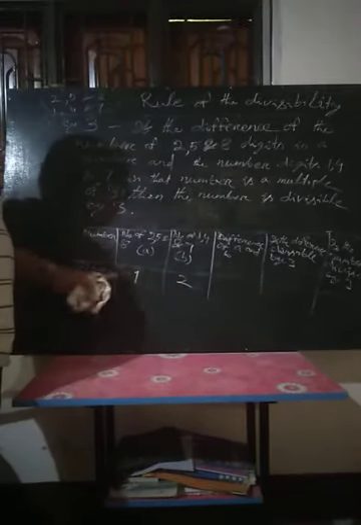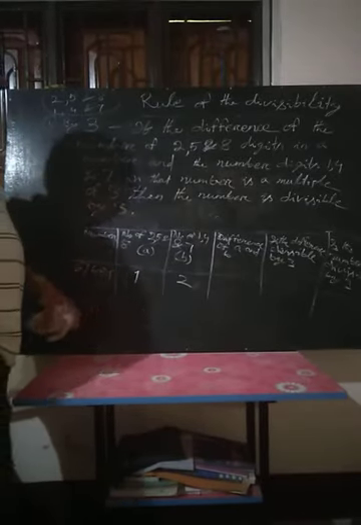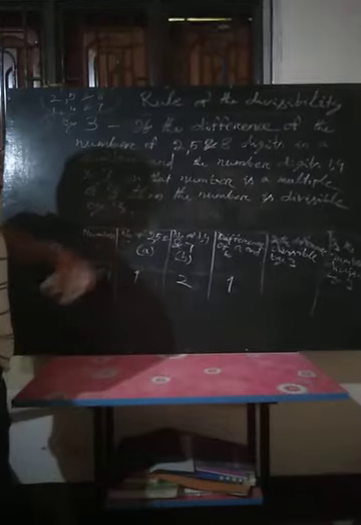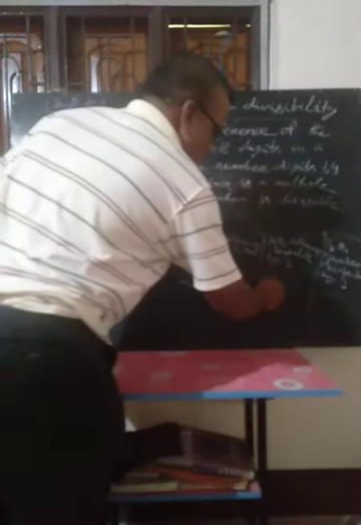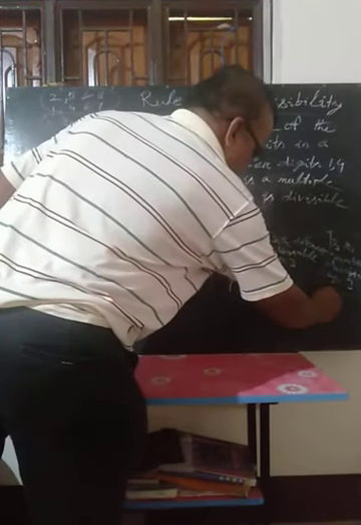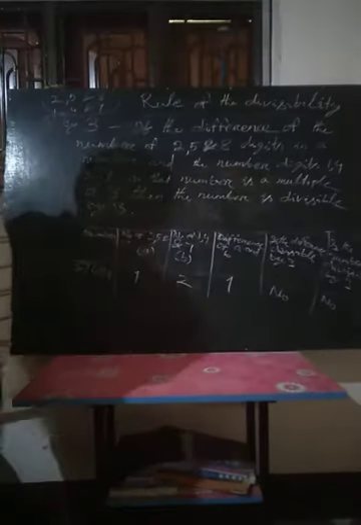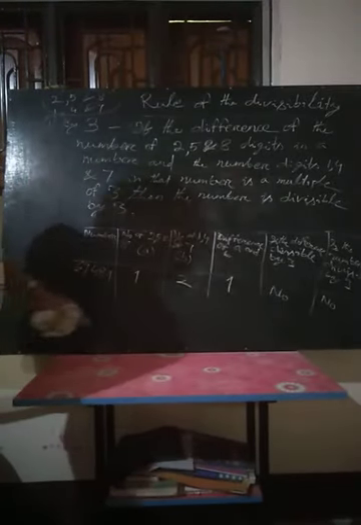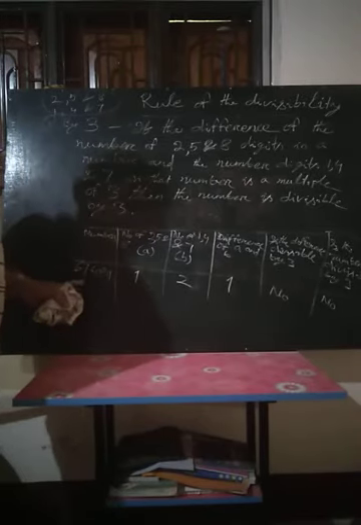What is the difference between them, 1 and 2? The difference is 1. Is 1 a multiple of 3? No. Is the number divisible by 3? No. If the difference is not a multiple of 3, then it is not divisible by 3.